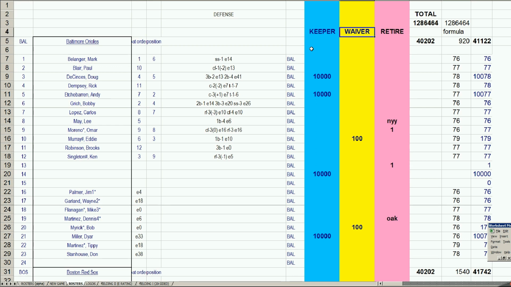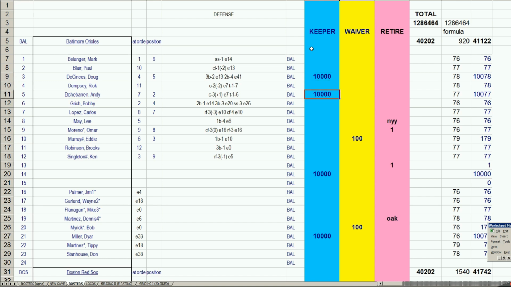The way I do my accounting for this is that when I identify a player as a keeper, I put the player's name over here, and in the column here I put the number 10,000, which stands for 10,000 tokens, or it could be $10,000 or 10,000 units. It's just a fictional unit I have as a currency that can potentially be traded in the league.